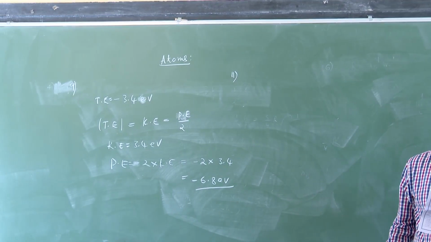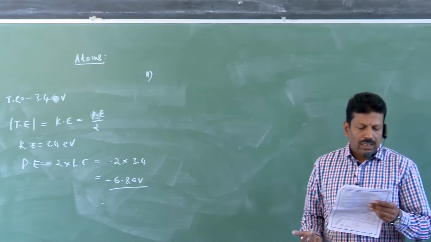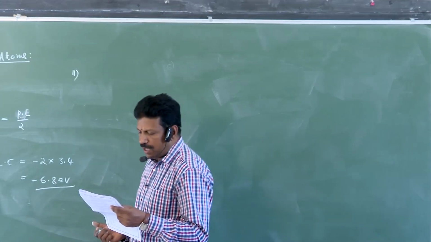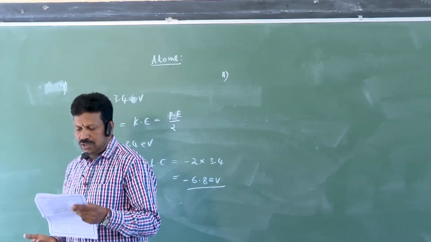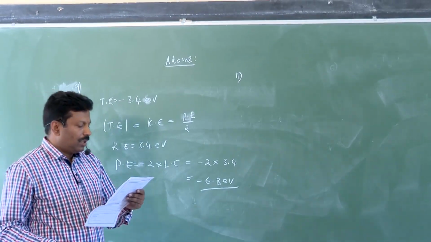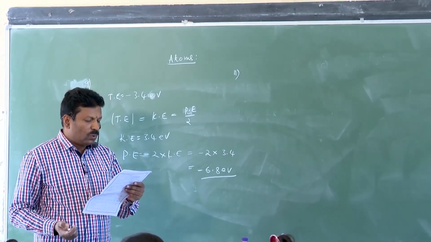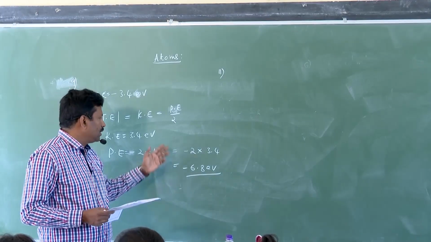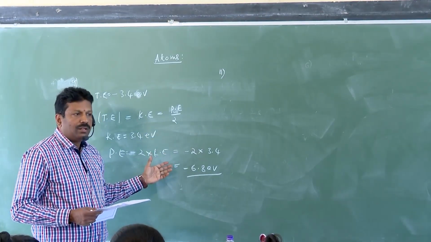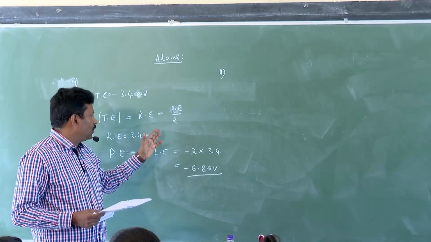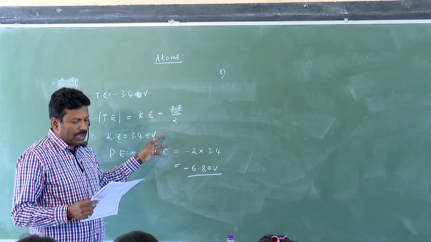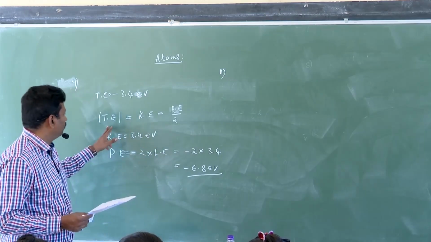The ratio of kinetic energy to the total energy of an electron in a Bohr orbit of hydrogen atom is? We know that kinetic energy is equal to total energy, right?